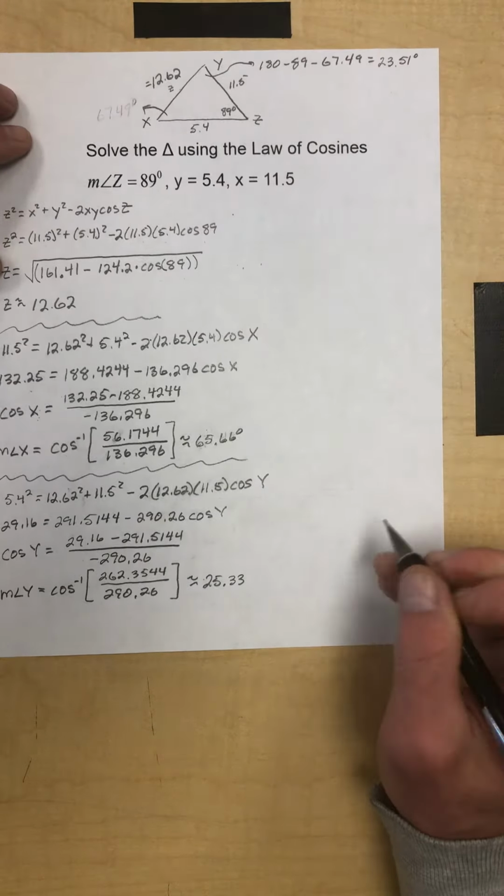And so you take a look here, 25.34, 25.33. We're in good shape. But notice if I did not go back and check, I would have been in trouble. If I would have just counted on this guy being right, which was wrong to begin with, then that means angle x would have been wrong and angle y would have been wrong. Okay, great learning problem. Learn from your mistakes.